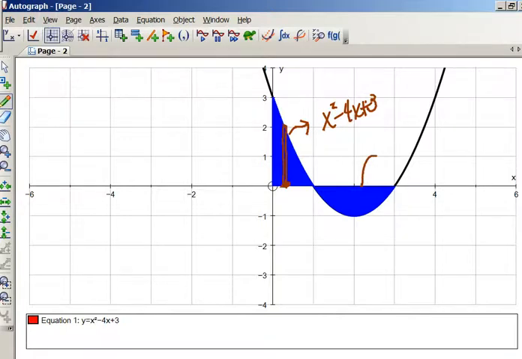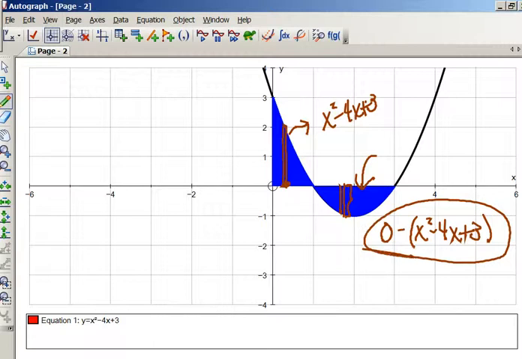But when we get into this region, it's just the opposite. The top of the rectangle is 0, minus the bottom of the rectangle, which is the curve x squared minus 4x plus 3. So the height of that rectangle in that region is a different value. What we'll have to do back on the calculus page is split this area into two sections.